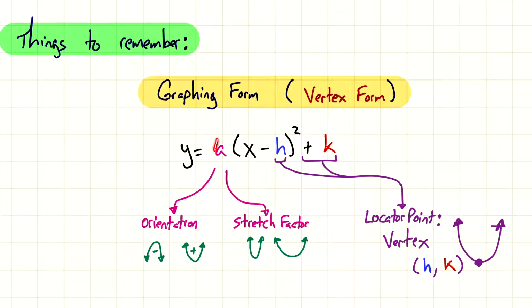The number here will tell us if it's a 4 or if it's a 1/2. That's going to tell us really how much it's being stretched. And then our H and K will tell us shifting left and right or up and down. So, which overall tells us the location of our vertex.